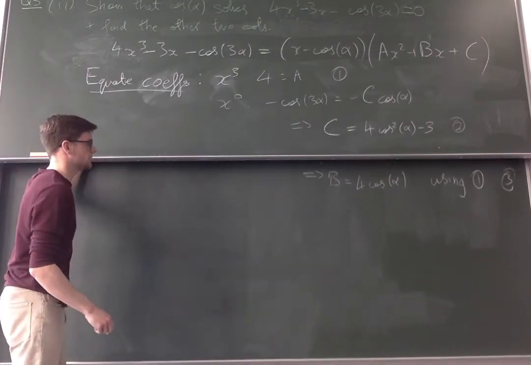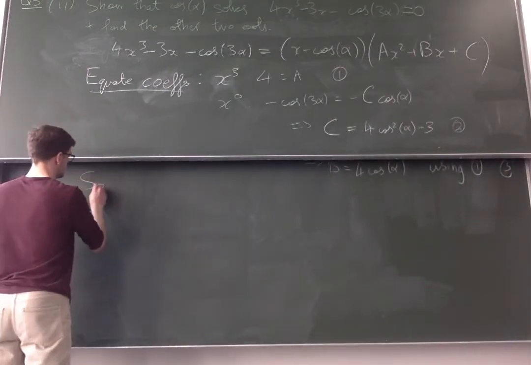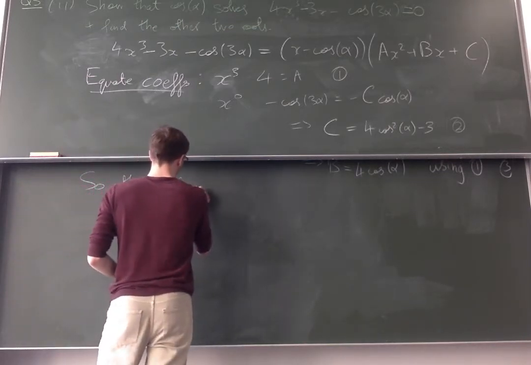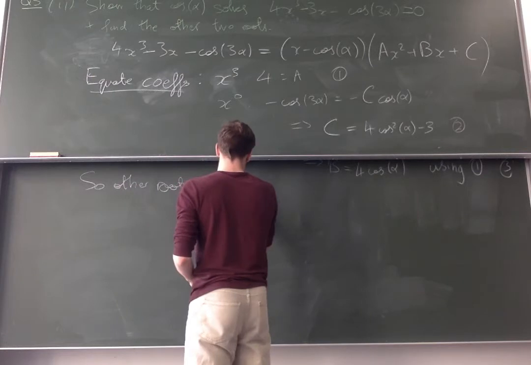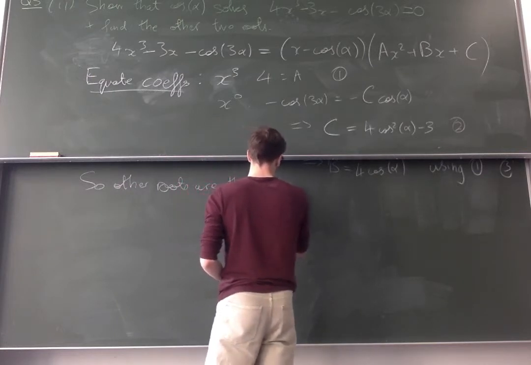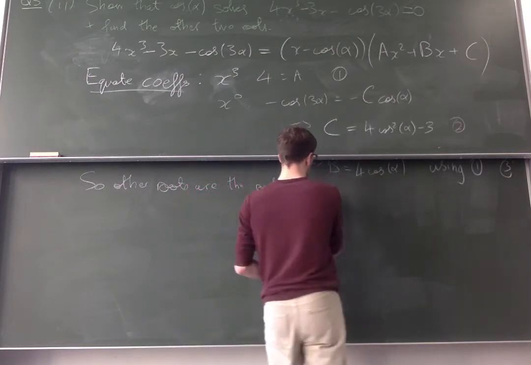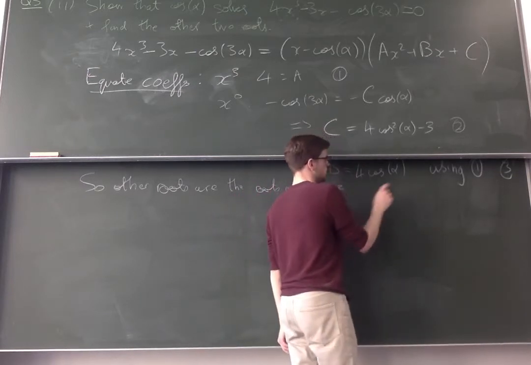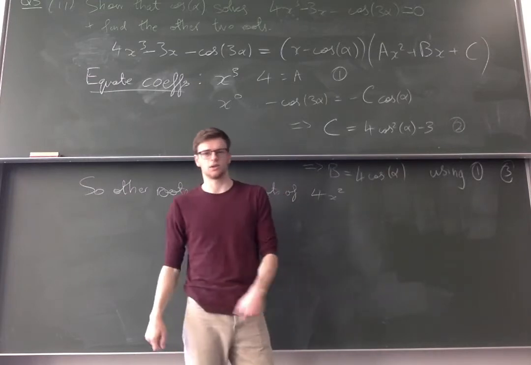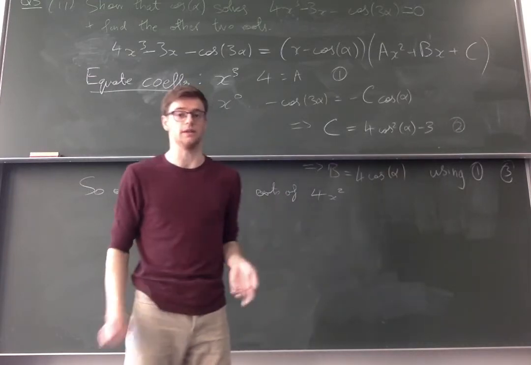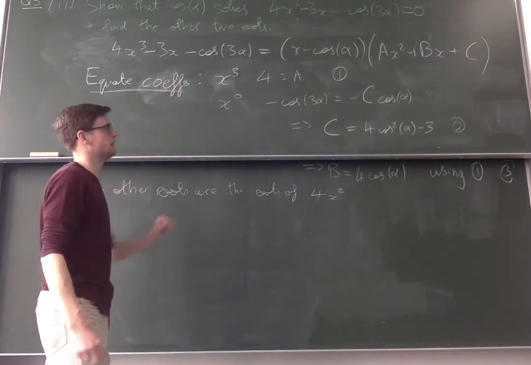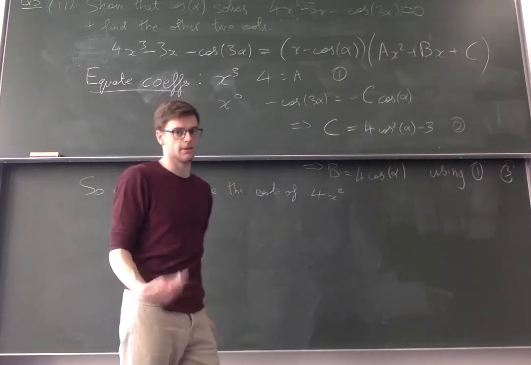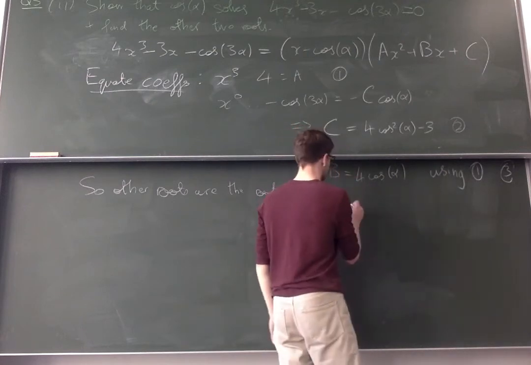Good. So now I know my 3 coefficients. So the other 2 roots are the roots of the quadratic 4x squared. Now B was 4 cos alpha. I'm going to abbreviate cos alpha to something else. Normally you would pick C, but I've already used C, so I'll pick gamma.